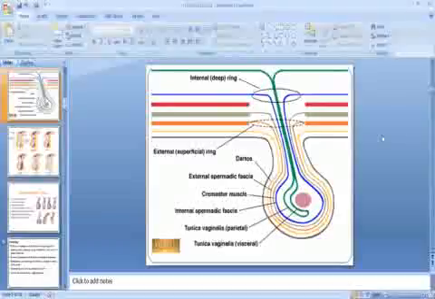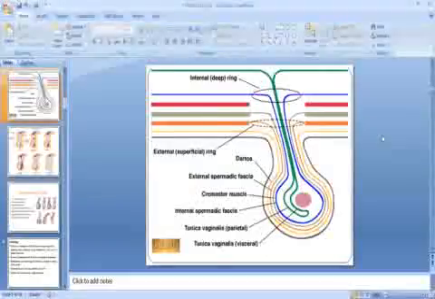As you can see, outermost is skin and fascia, then the dartos muscle, then the external spermatic fascia and internal cremasteric muscle, then the internal spermatic fascia. After that, the tunica vaginalis. There are two layers of tunica vaginalis.